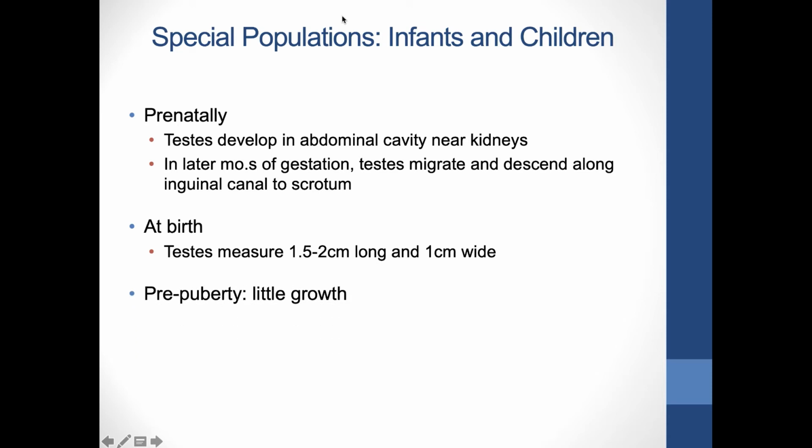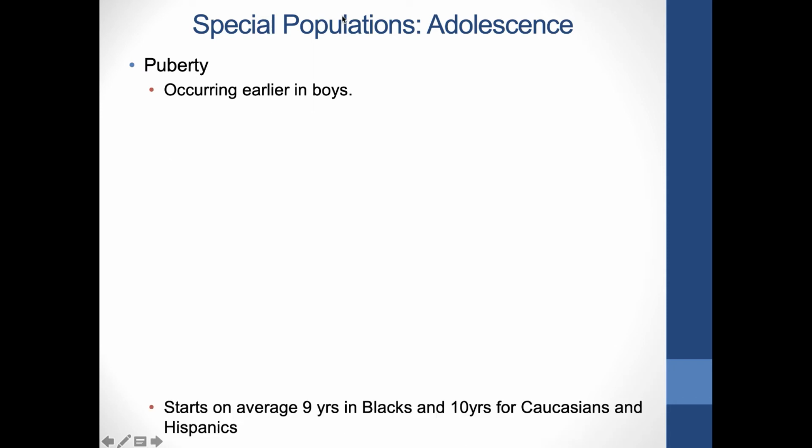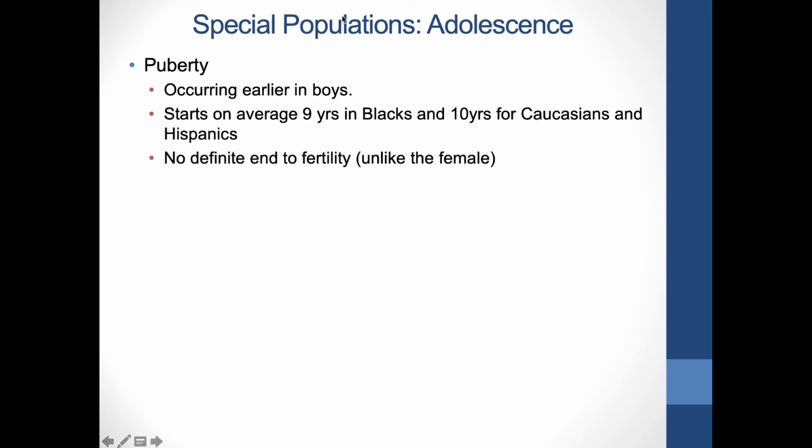And in pre-puberty, there's little growth. Once we hit adolescence, the puberty stage occurs earlier in boys than it does in girls, and on average starts at about 9 years in our Black patient population and 10 years for our Caucasians and Hispanics. There's no definite end to fertility like there is in our female patients.